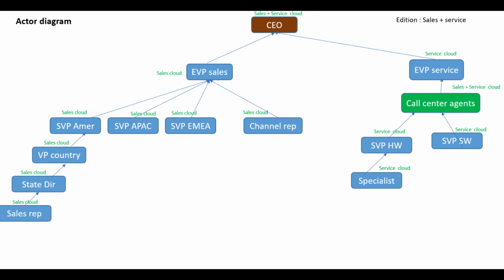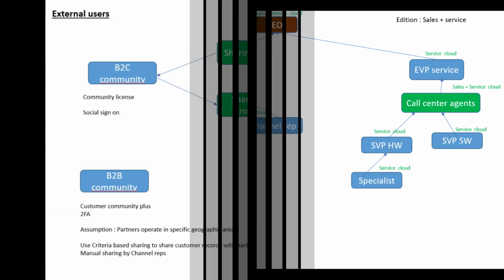So the idea here is to assign the minimum license to the users of the roles, and then as the project progresses further, we can expand or increase that license as the need arises. So we start with the minimum and then expand as the need arises. That should be the policy and the design principle we need to follow. So that's about the actor diagram.